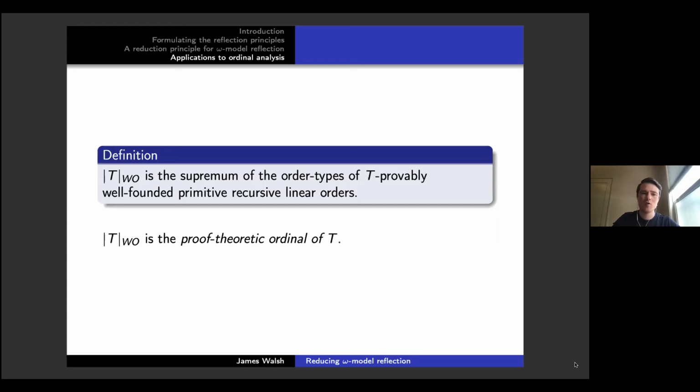T sub WO is an ordinal. It gets associated to a theory, and we think of it as a measurement of the strength of the theory. This is one way of thinking about it. It tells you what kinds of Pi-1-1 statements the theory proves, because it tells you which ordinals, roughly, are provably well-founded in the theory.